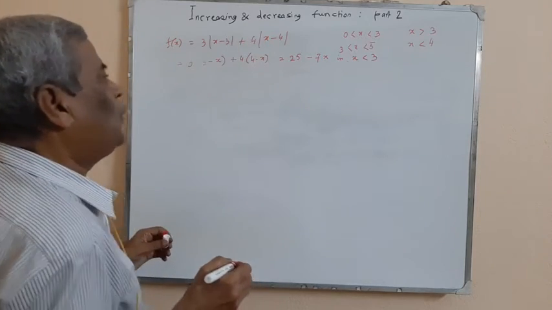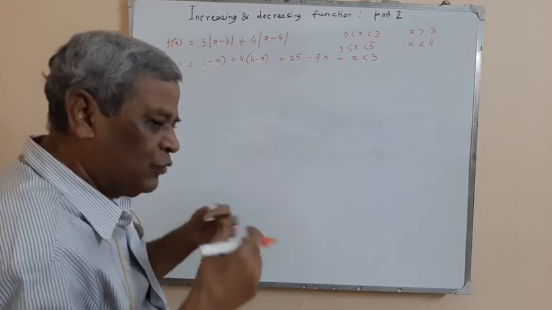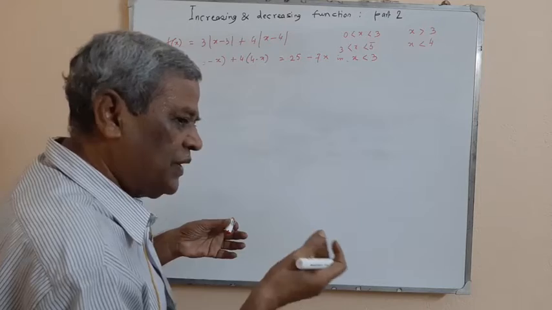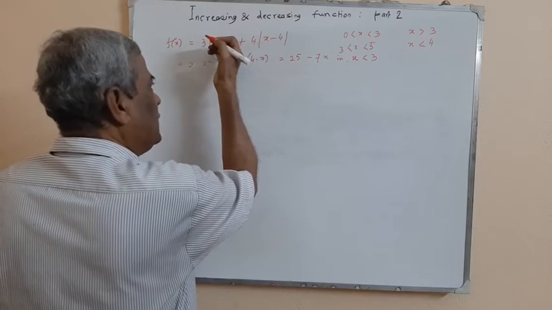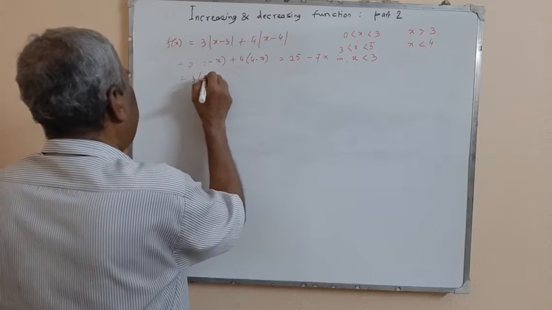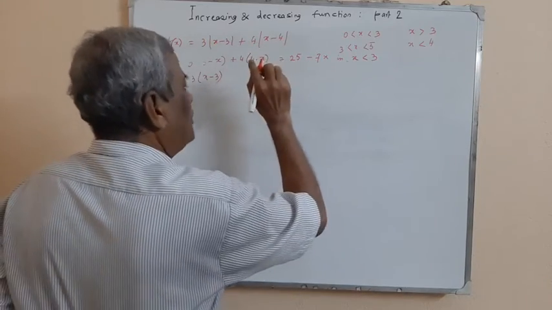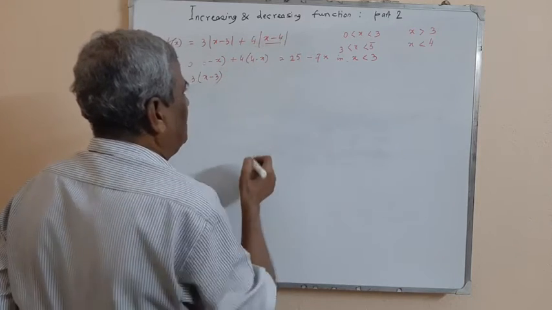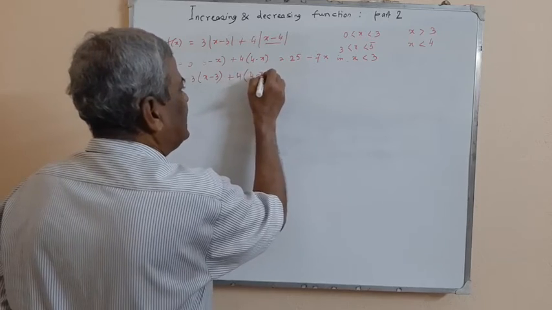Now, secondly, we study the case when the value of x is between 3 to 4. x is more than 3 but less than 4. In that case, it is more than 3, so that part is positive. So it is equal to 3 into x minus 3. And because x is greater than 3 but less than 4, this part is negative, so plus 4 into 4 minus x.